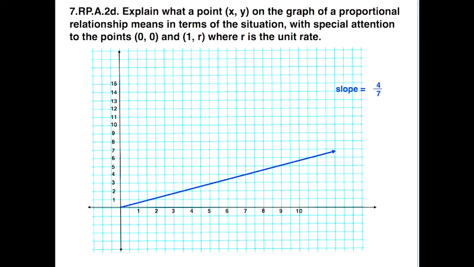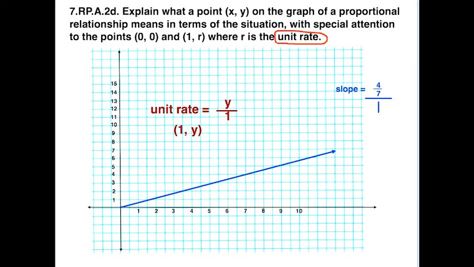Let's look at this example where the slope is 4 over 7. Our unit rate has to be something compared to 1. If we convert 4/7 to a decimal, that's 0.571428, which is okay. It's a little bit of a long decimal, but we can see that it's a little bit more than 1/2 compared to 1.